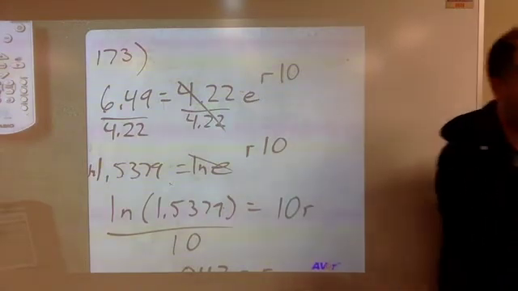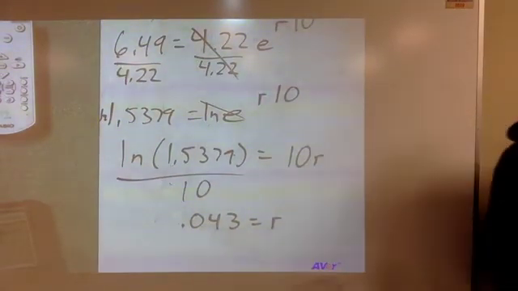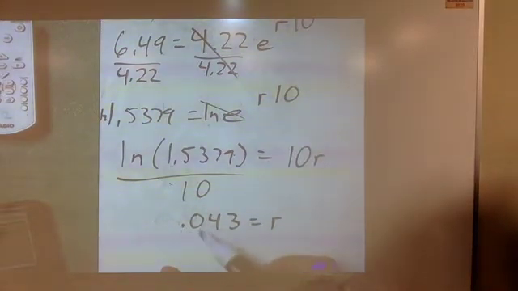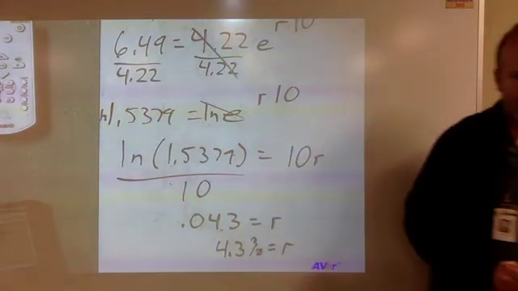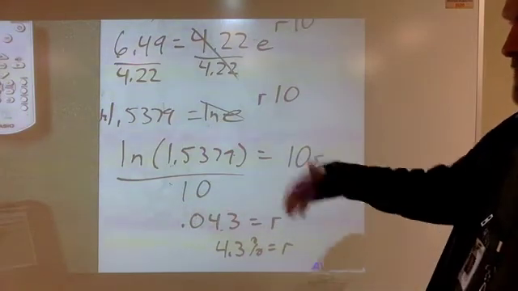And the rate, oops, that's a decimal, and they probably want a percentage answer, so to turn a decimal into a percentage, you move it to the right twice, so that's actually 4.3%.